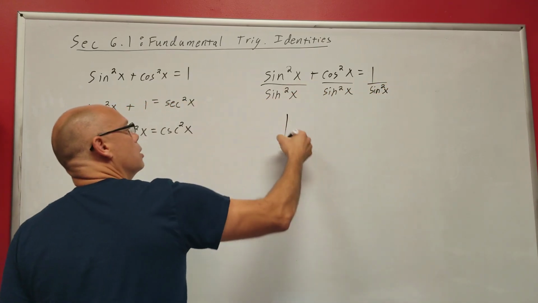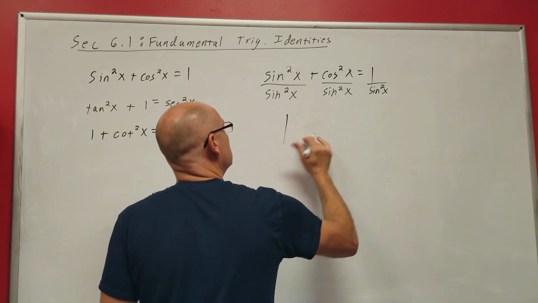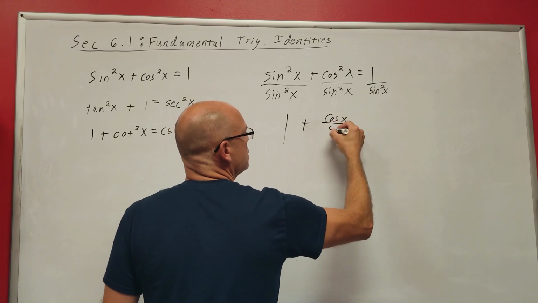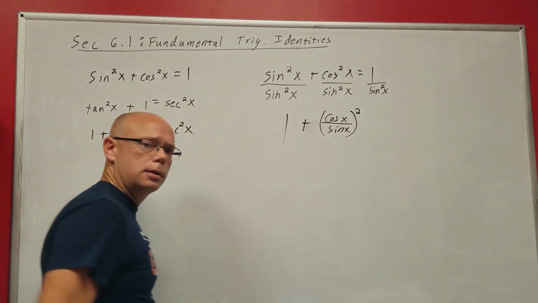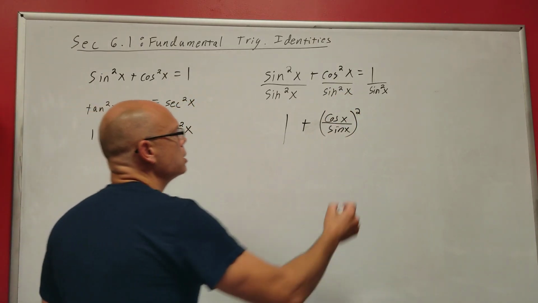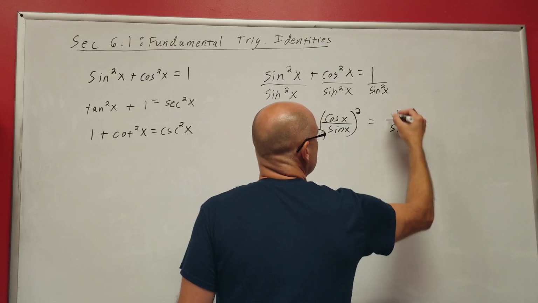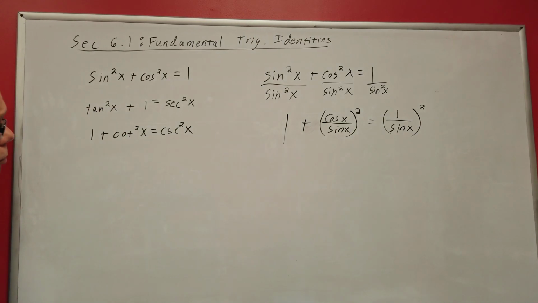What do you get? You get 1 is equal to, plus, I could write this as the cosine of x over the sine of x, quantity squared. It's the same thing as that. It's equal to, I could write this as 1 over the sine of x, quantity squared. If I square that out, that would give me the same thing.